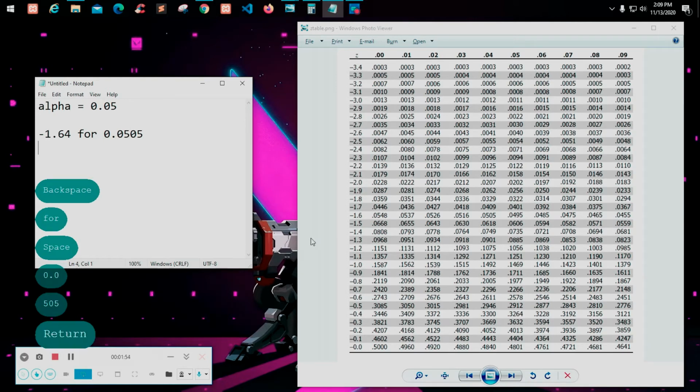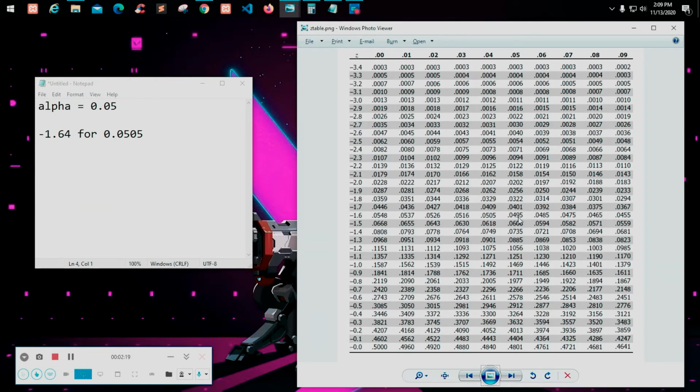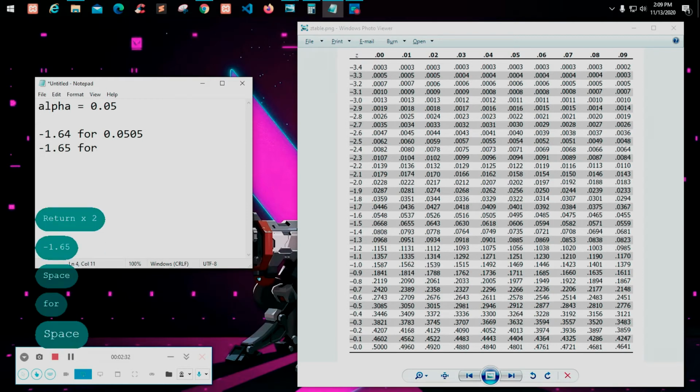Next, we have also, isa sa mga labi sa kanya, si 0.0495. So we get its critical value, which is negative 1.65. So negative 1.65 for alpha around 0.0495. So bakit ulit natin siya kinuha? Kasi these two are the nearest one kay alpha na 0.05.